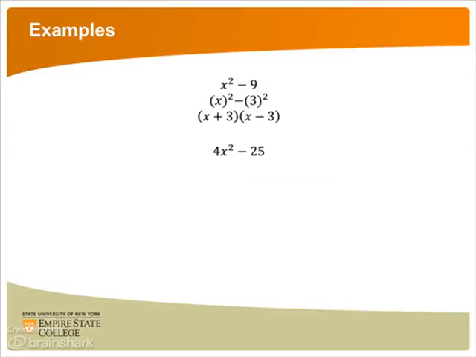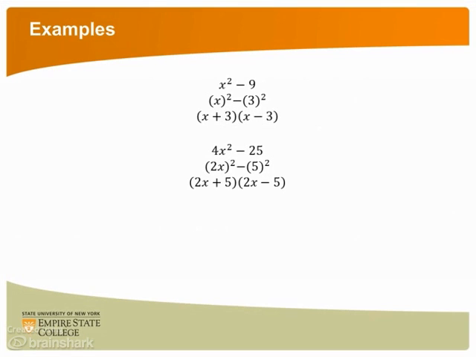What if we want to factor 4x squared minus 25? 4x squared is the quantity 2x squared, and 25 is 5 squared. So 4x squared minus 25 is 2x plus 5 times 2x minus 5.